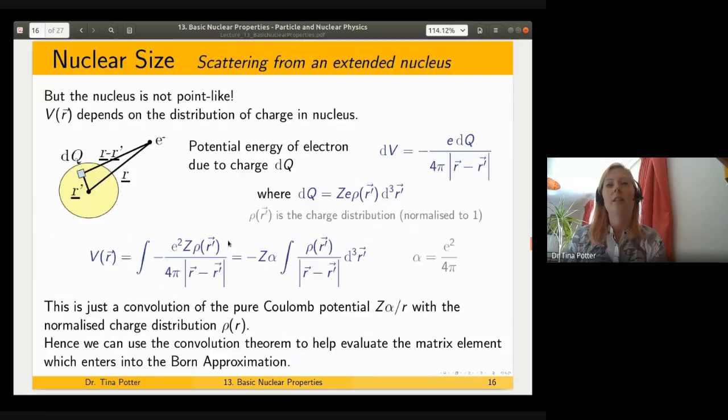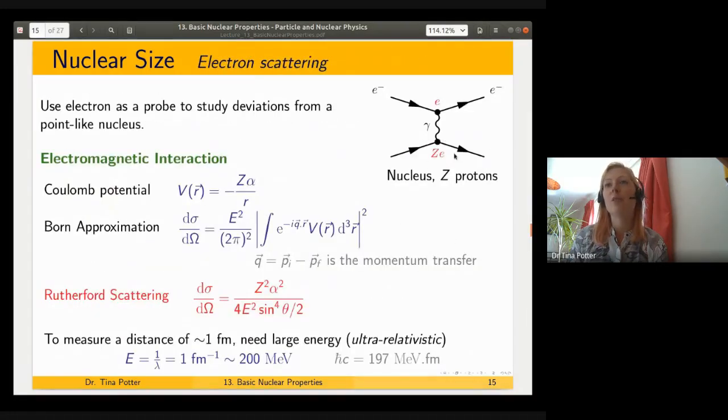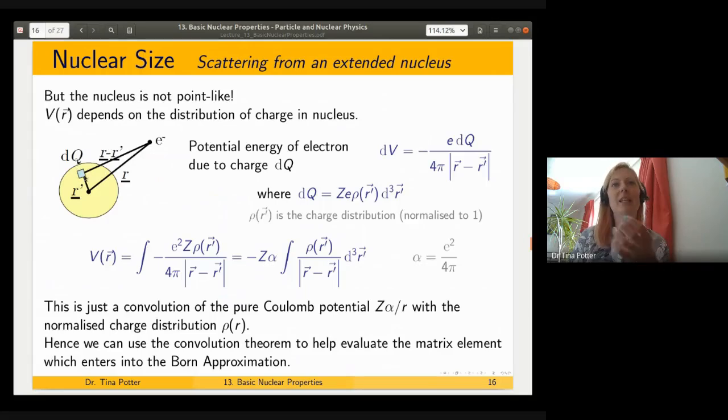Now, this Rutherford scattering here assumes that the proton is point-like, but it's not. The proton has a particular size. And this potential that the electron experiences depends on how the charge is actually distributed inside of the nucleus.